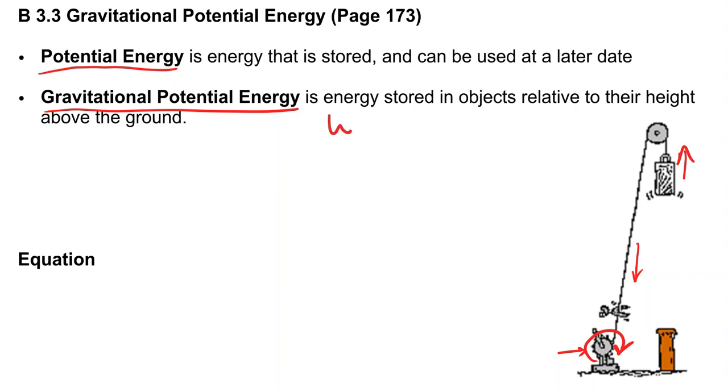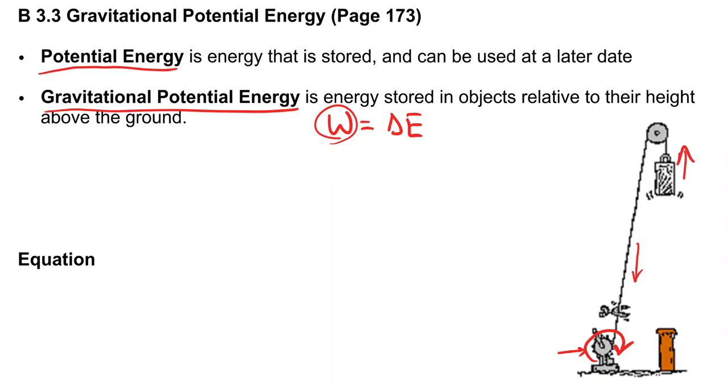And remember, work is equal to the change in energy of the object. So when Mr. Walton performs work, he's actually transferring energy to that object. This object is gaining energy by getting pulled up, and the type of energy it's gaining is gravitational potential energy.